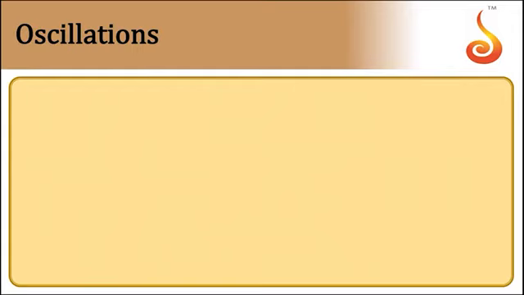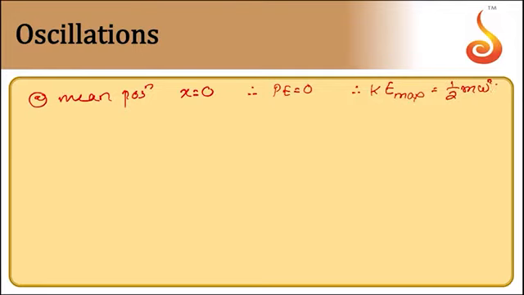At the mean position, x is equal to 0 and therefore potential energy is 0, and therefore kinetic energy is maximum, which is half mω²a², equal to the total energy. So at the mean position, the total energy is stored in the form of kinetic energy, right?